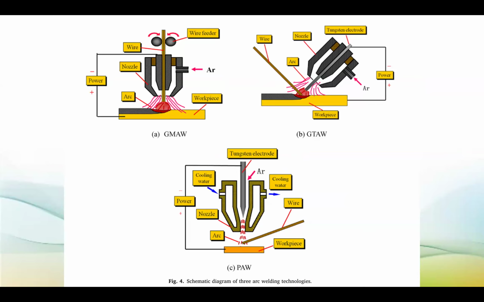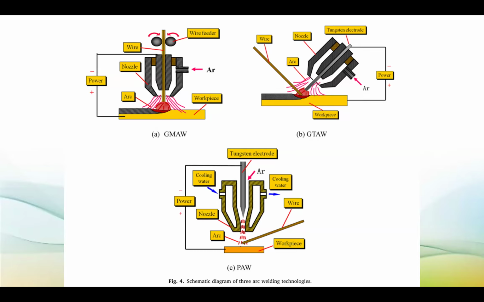I am not going into the fundamentals of welding. I hope the majority of the participants know the difference between GMAW, GTAW and plasma arc welding. So I am not going into the details of this particular slide. As you know, in metal arc welding, the electrode itself will be consumable.